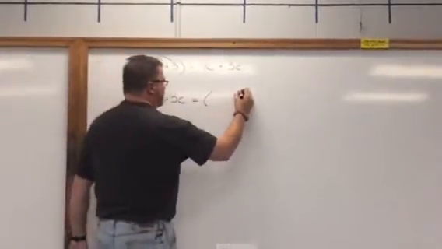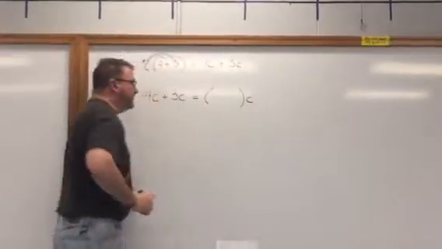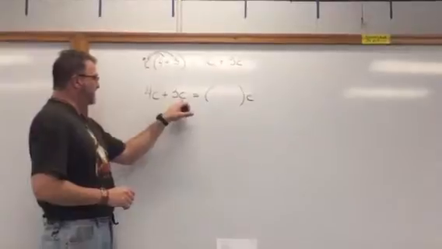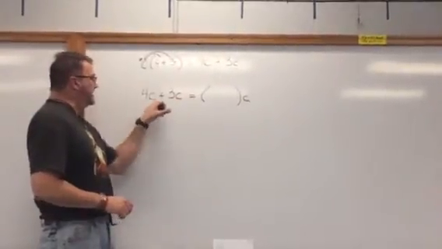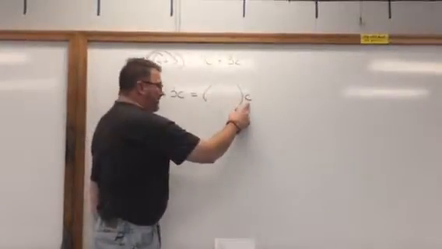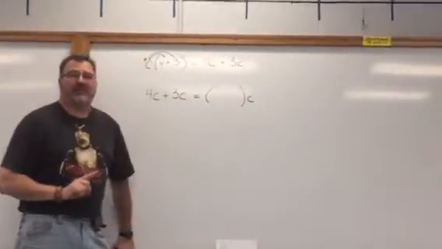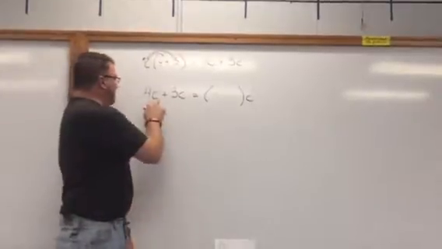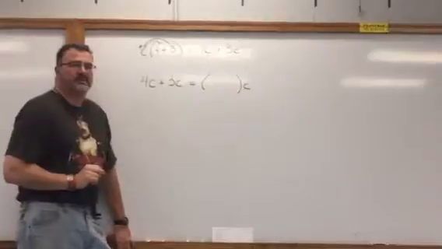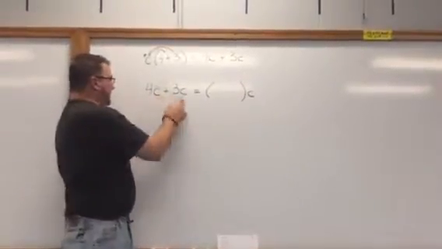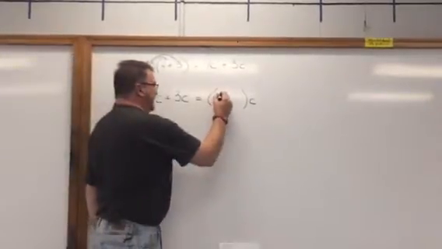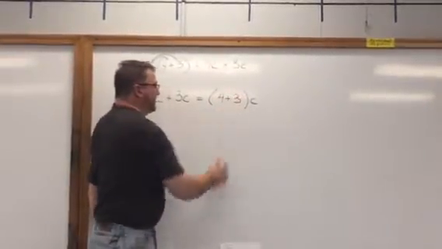What I can do is called factoring, because this is a factor and this is a factor, this is a factor and there's another one. c is the common factor. Instead of multiplying the same number twice and then adding the results, I can factor that common factor, that variable c, out, and what's left inside is 4 plus 3.